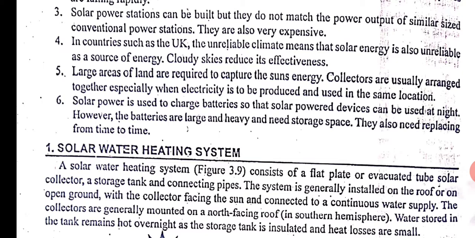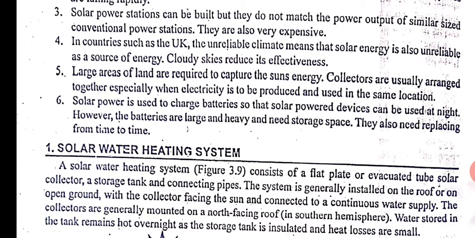And these photovoltaic systems require a lot of land, because as we have discussed, the solar insolation which comes to our earth is almost 350 watts per meter square. If I want to install 1 kilowatt of solar photovoltaic system, I require around 3 meter square of area.